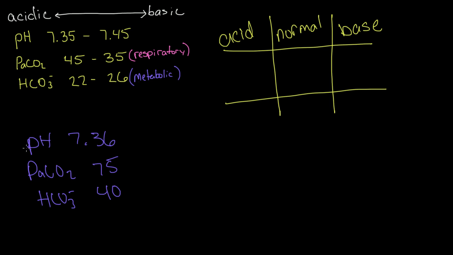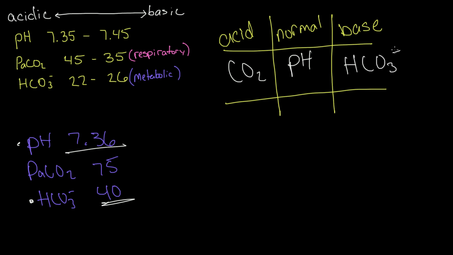We look at our pH, 7.36, which is normal. So we write down pH in the normal column. Our PaCO2 is 75, which is very acidic. So CO2 goes in the acid column. And then our HCO3 is 40, which is very, very basic. So write down the HCO3 in the base column.